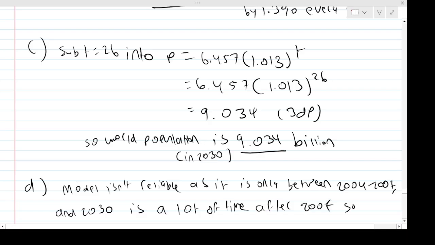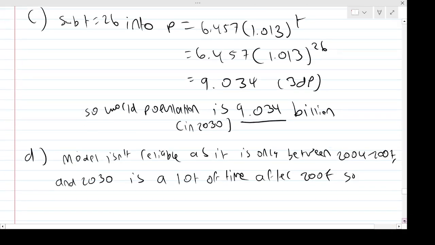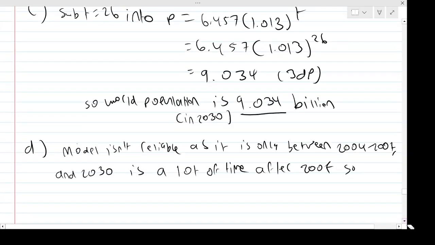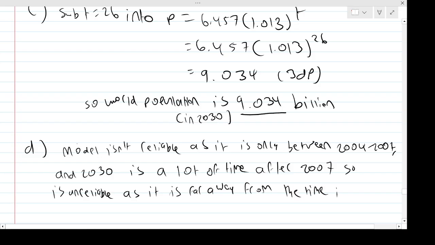So it's just not reliable, essentially. So it's unreliable, it basically is far away from the range, from the time interval, right? And so yeah, you could say it's heavily extrapolated, which isn't reliable.